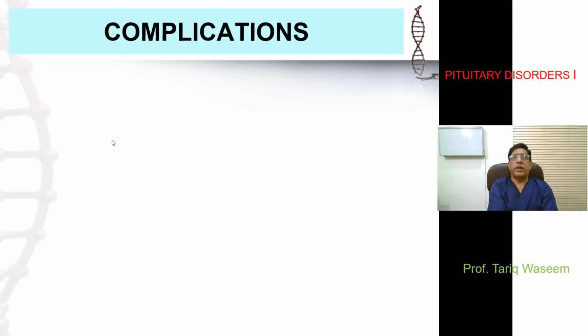The complications which result from this acromegaly: on one hand there is increased production of hormone from the growth hormone producing cells, but this suppresses the other hormone producing cells in the pituitary, so the other secretions may be suppressed.